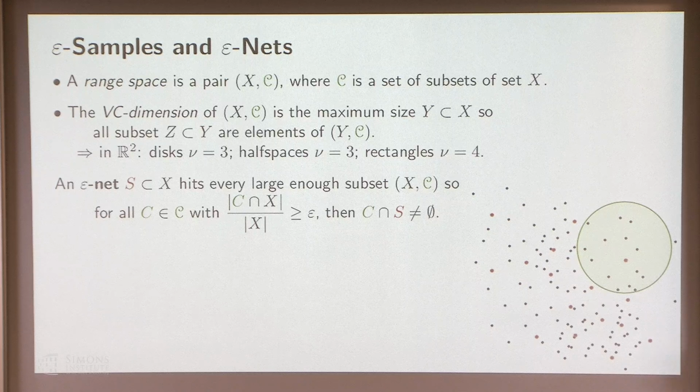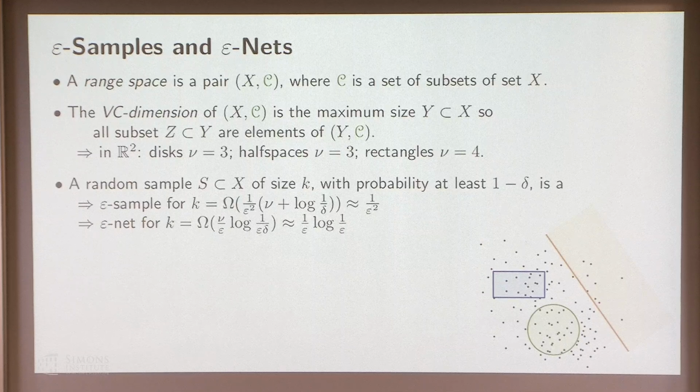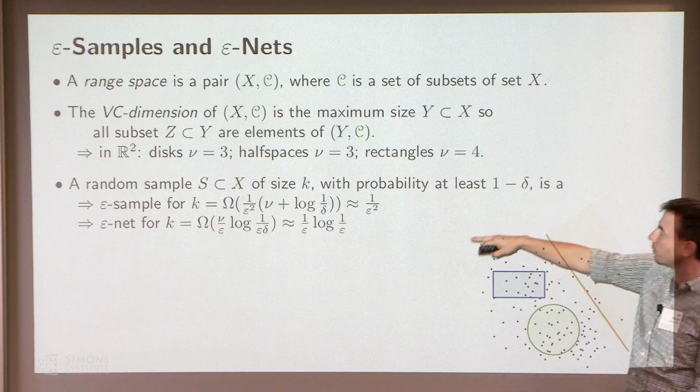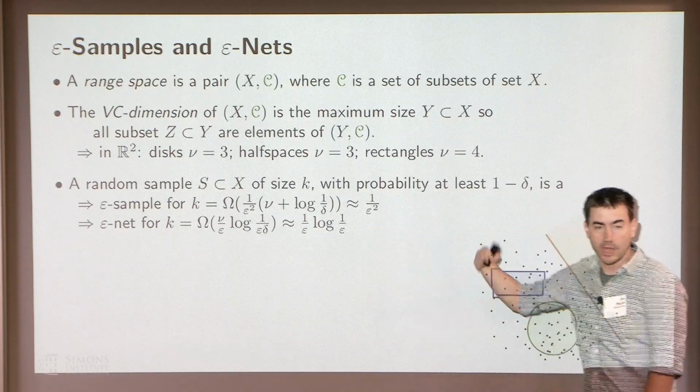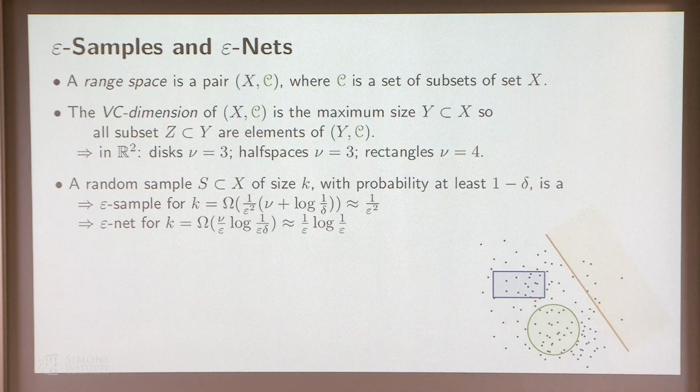These are basically the same as learning complexity notions. And 1 over epsilon squared points basically gives you an epsilon sample. 1 over epsilon log 1 over epsilon random sample points gives you an epsilon net. So the epsilon net is a weaker notion, and you need fewer points. But an epsilon sample seems like what we need.